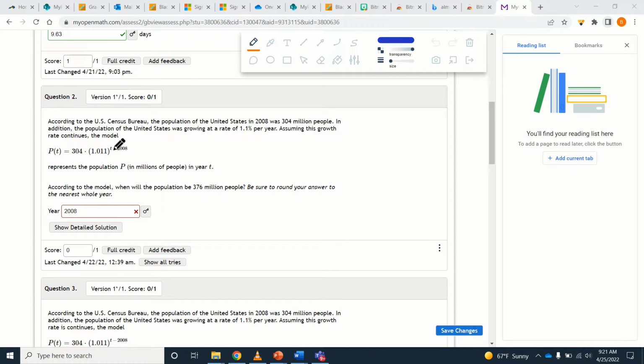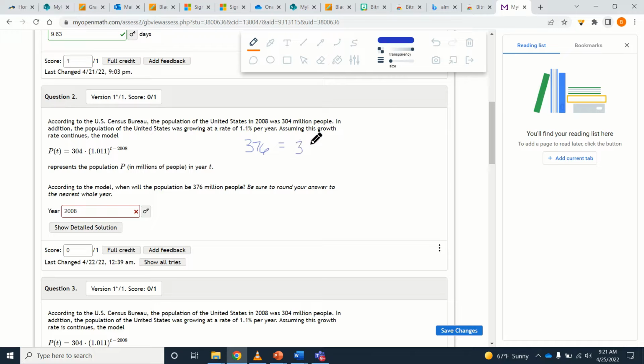Okay, so what we're going to do is 376 million people is what it's going to be after whatever time has passed. We're going to put 376 over here. And notice that the 304 million was written as 304 in the equation. So we're going to write the 376 million as 376.